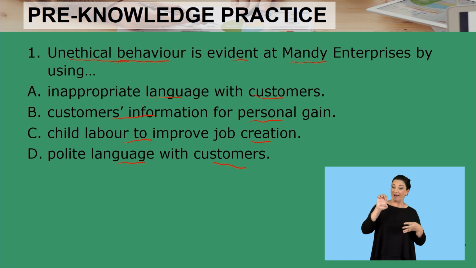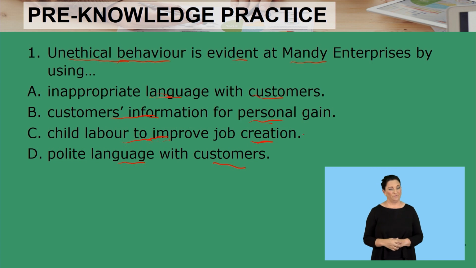So the issue of language has to do with professionalism. When you're looking into customers' information being used for personal gain, now that is an issue we should think about for a possibility of an answer. And then looking into child labor for improving job creation, that would be considered to be unethical.